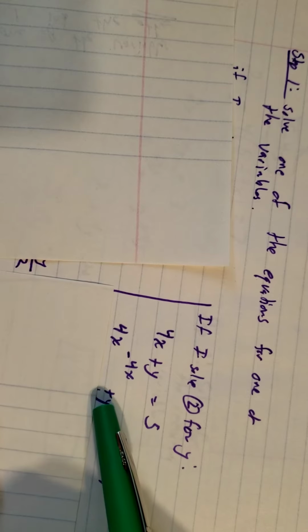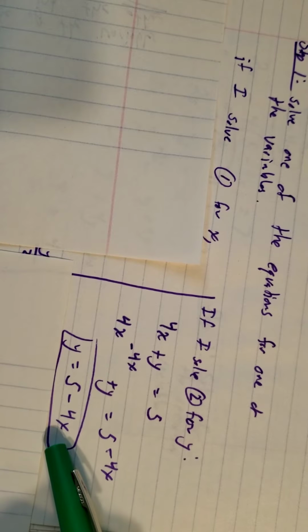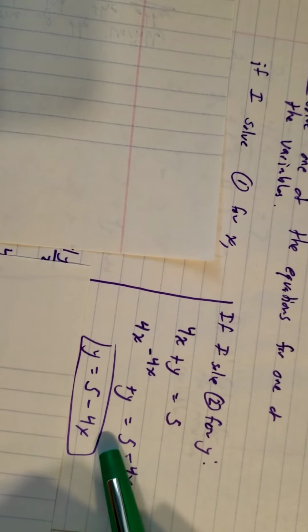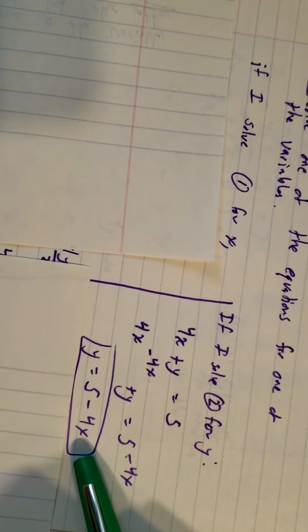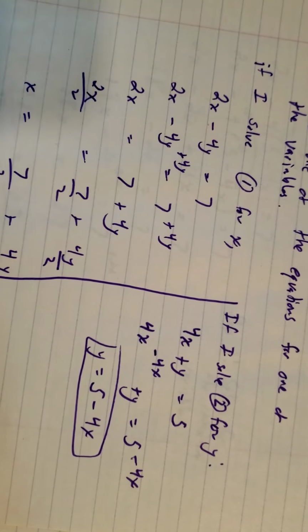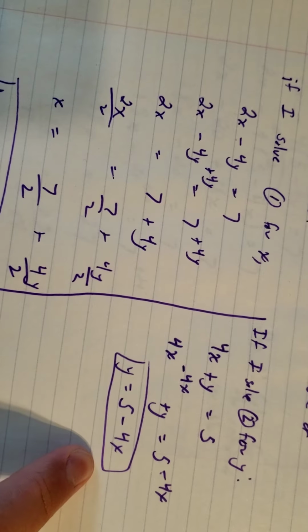This cancels off, leaving me with just y here. And then, of course, I've got 5 minus 4x. So not only is this step easier and quicker to get the answer to, I also have a simple expression here to work with for the next step. So you pick your choice. Which would you rather work with, this expression or this one?